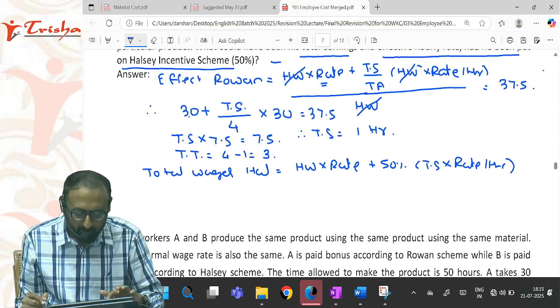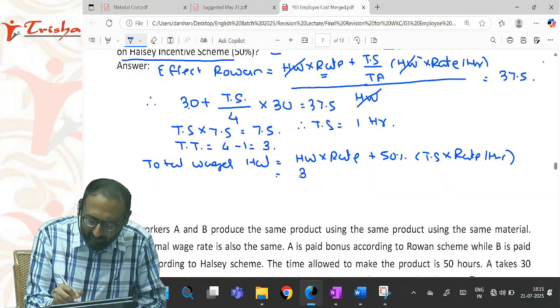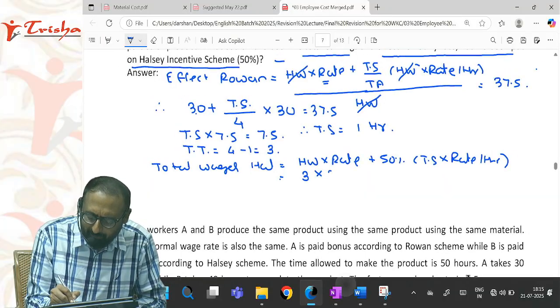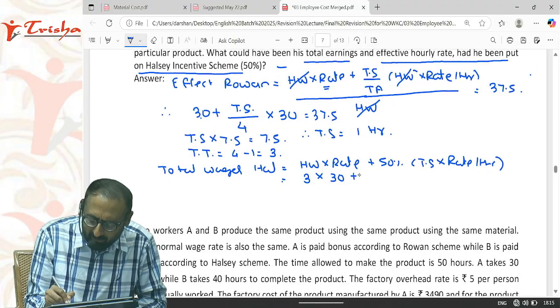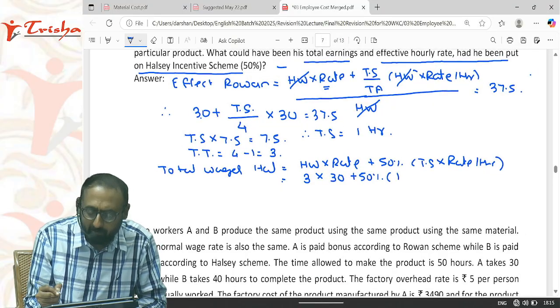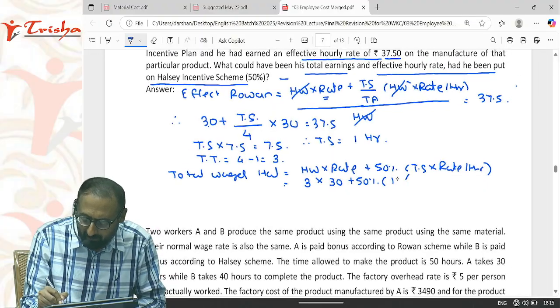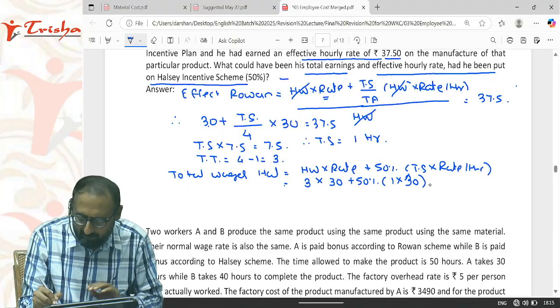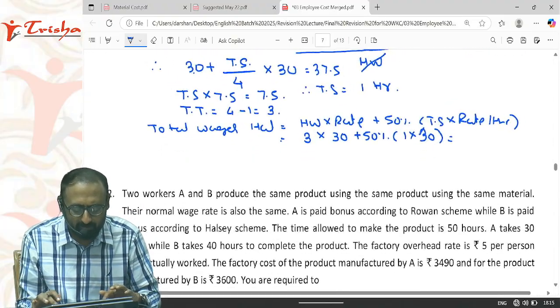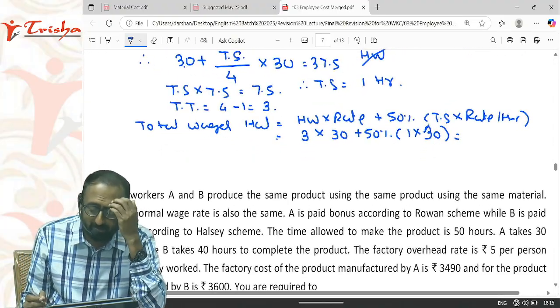Hours worked will be 3 hours, basic wage rate per hour is 30, plus 50% of time saved, which is 1 hour, rate per hour is 30. How much will be the total wages under the Halsey premium plan? Is it 105?